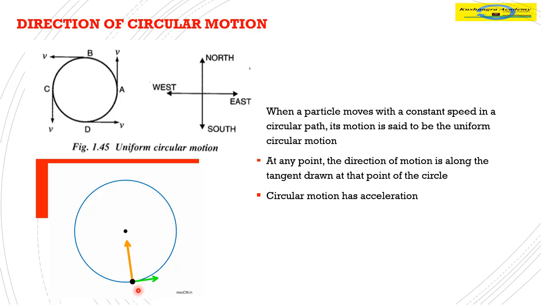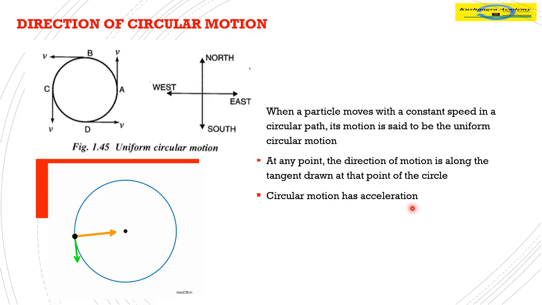Just like here, the tangent drawn perpendicular to the radius is the direction of the speed at that point on the circle. It's constantly changing. Just like we can see at the top, it is towards left, at C it is vertically downwards, at D it's towards right, and at A it is vertically upwards.